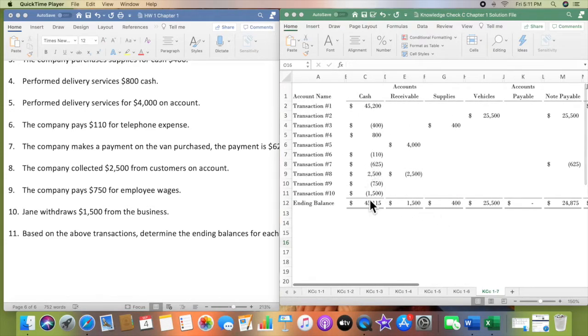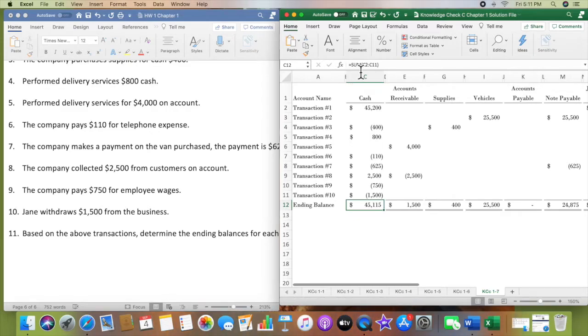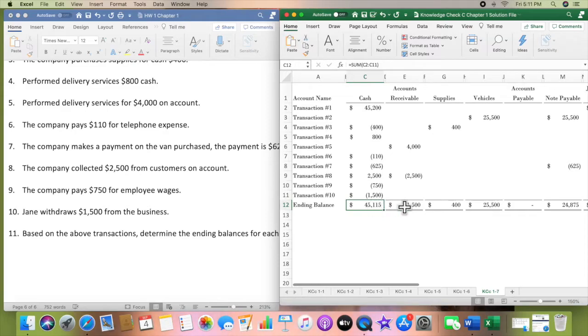Alright, so when we do the formulas, we add all these accounts together. You see equals sum C2 through C11. We add all those together to get $45,115 in the cash account. Accounts receivable.